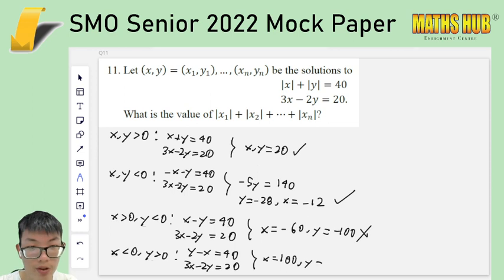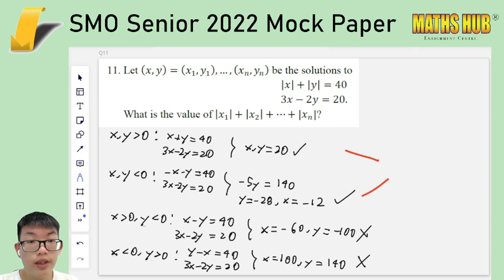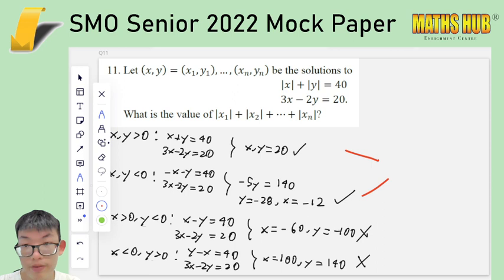Certainly that is also not correct, since x is supposed to be negative. So we only have 2 solutions at the top, and the 2 solutions here have values x is 20 and x is negative 12. So 20 plus 12 equals 32 will be the final answer.